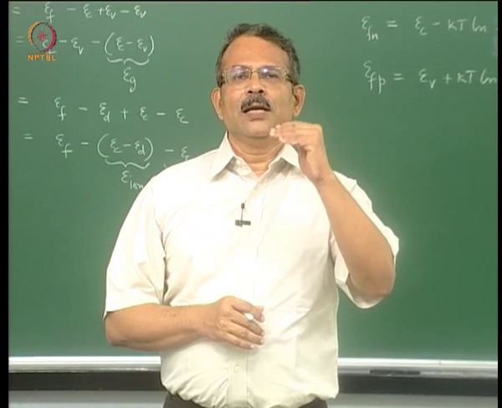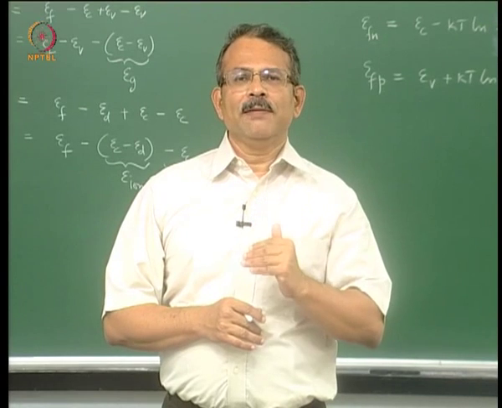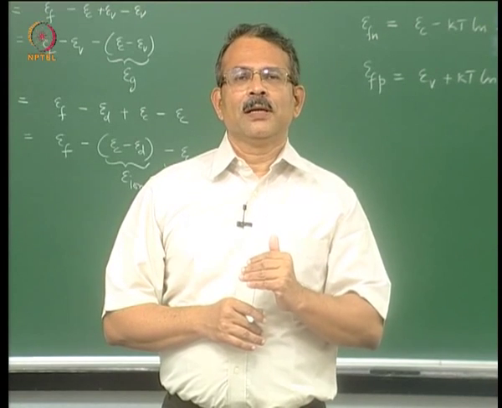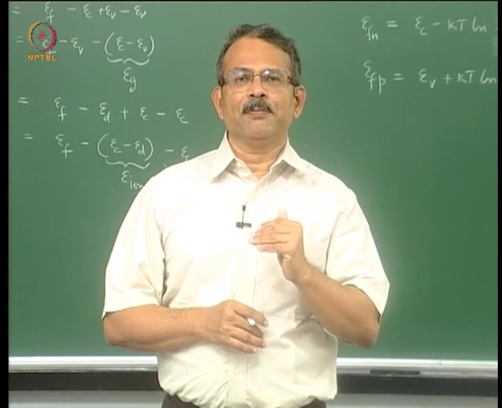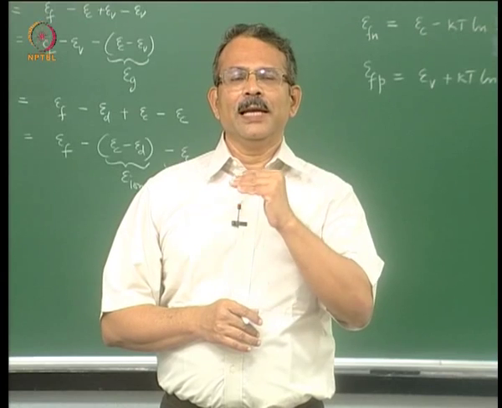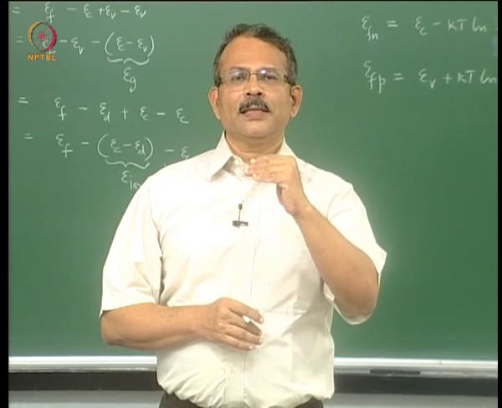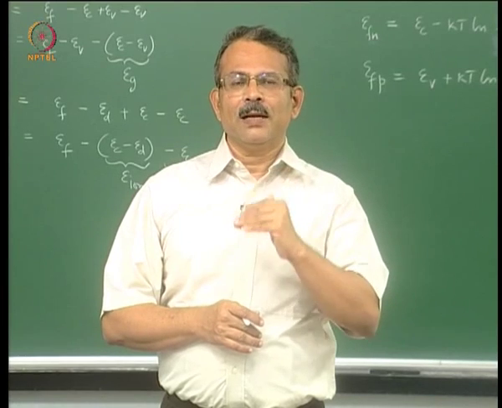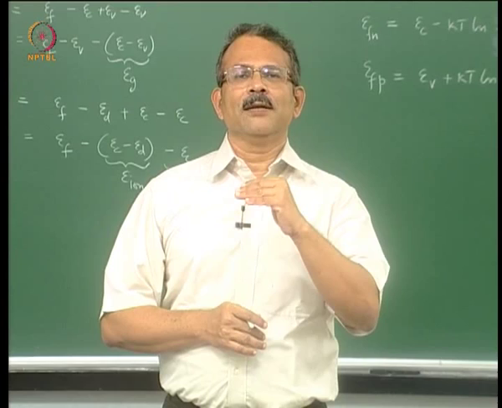These are E naught, the vacuum level, EC, the conduction band edge, EV, the valence band edge, and the quasi-Fermi levels for electrons and holes, EFN and EFP, which reduce to a single Fermi level EF in equilibrium. We also show the intrinsic Fermi level, or Fermi level in intrinsic semiconductor, in the energy band diagram because it serves as a convenient reference.